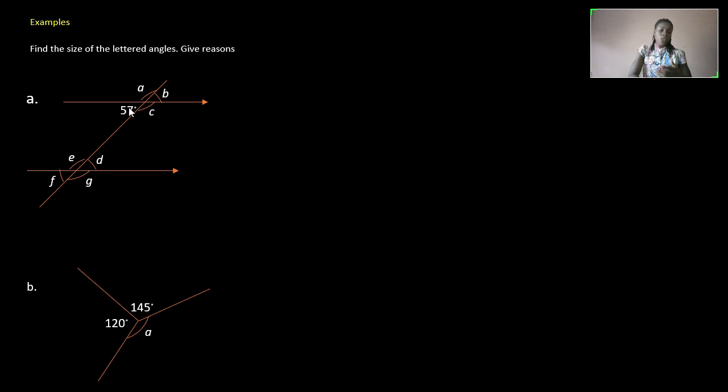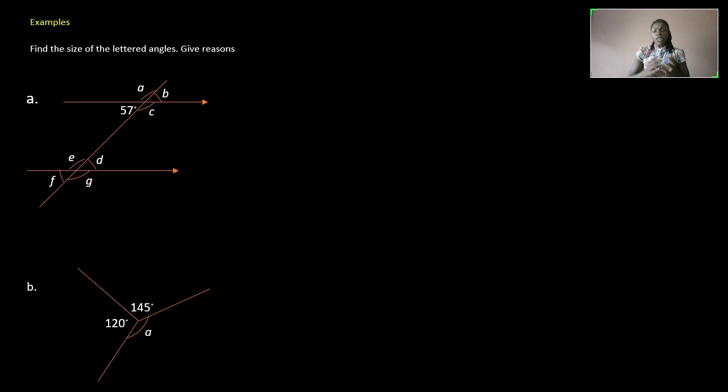We can equally decide to find angle B first using vertically opposite angles. That means angle B is equal to angle 57 because they are vertically opposite. Likewise, we can find angle F using corresponding angles. Angle F is equal to angle 57. Reason is corresponding angles are equal.